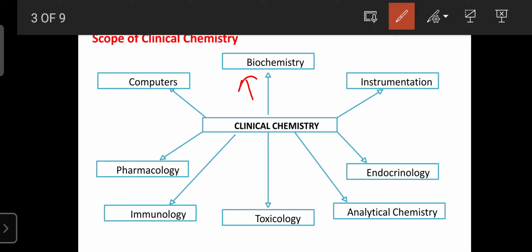That was once again helpful for the diagnosis of disease, the diagnosis of risk, and to note down the scenario of the therapy given: whether that therapy controls the disease or not, inhibits the progression of disease or not, or whether the patients are recovering from that therapy or not. That is also concluded with the help of clinical chemistry or biochemistry.